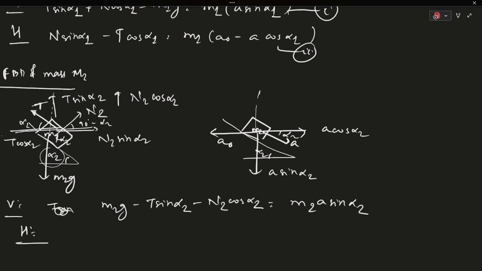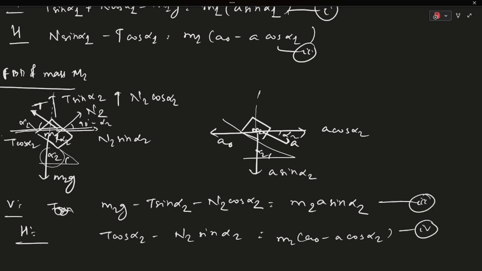In horizontal direction: T cos alpha 2 minus N2 sin alpha 2 is equal to M2 times (A naught minus A cos alpha 2). This is equation 3. This is equation 4.